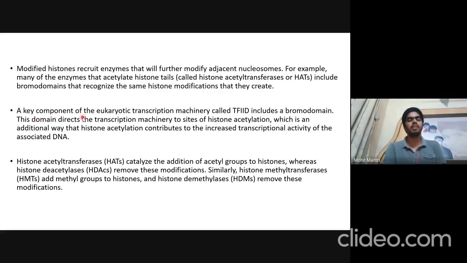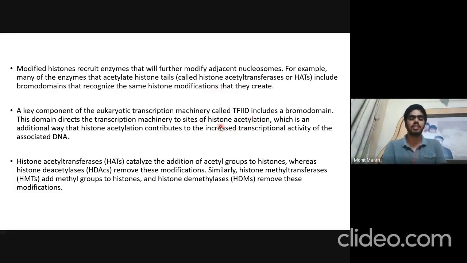And a key component of the eukaryotic transcription machinery, transcription factor 2D, includes a bromodomain. This bromodomain recognizes the acetylation mark, and therefore increased transcriptional activity is seen with the associated DNA. So histone acetylation helps in increasing the transcriptional activity of that gene.